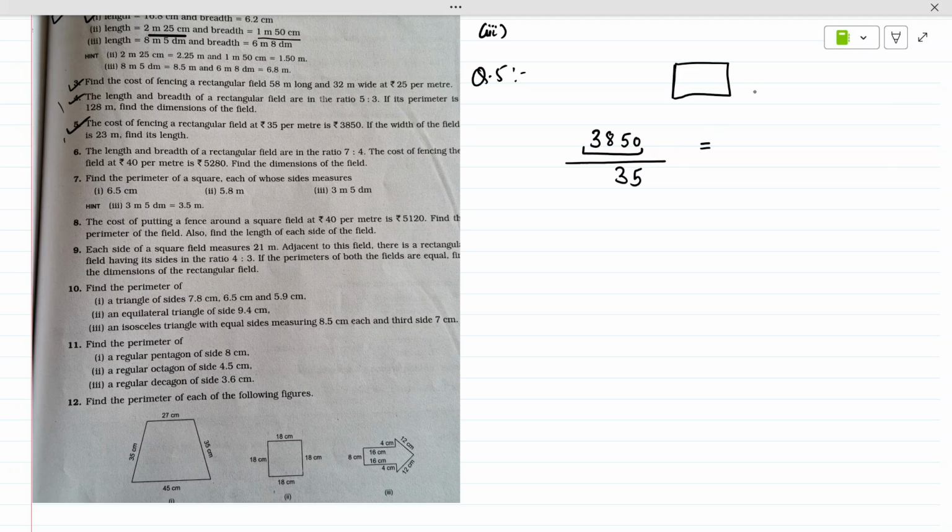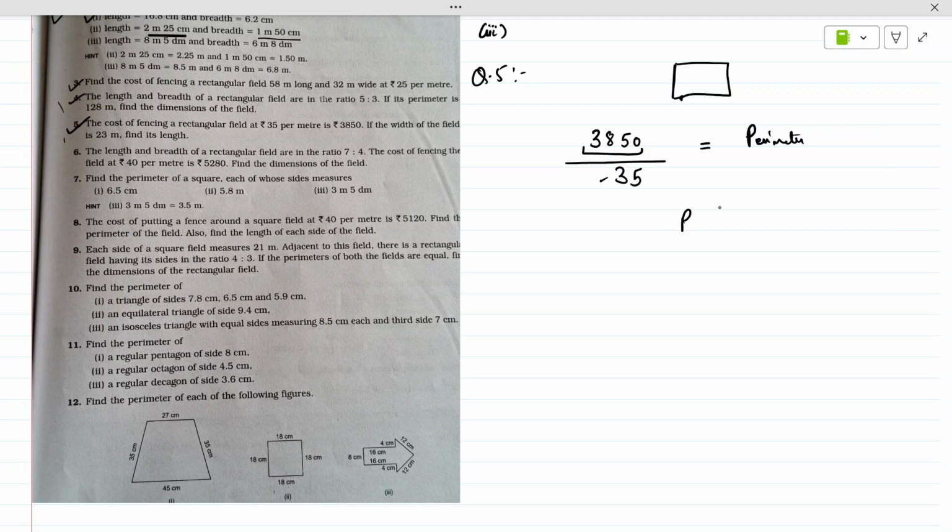Okay, sorry, the perimeter. So we are going to get the perimeter using this calculation, because we have the entire cost of fencing it and then we have the cost of fencing it at the rate of per meter. This is going to give us the perimeter.